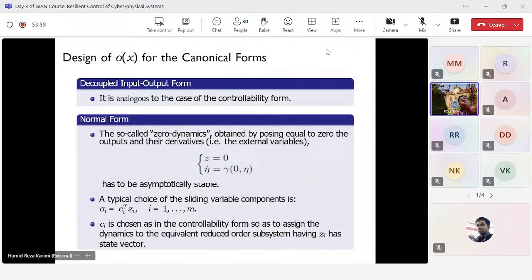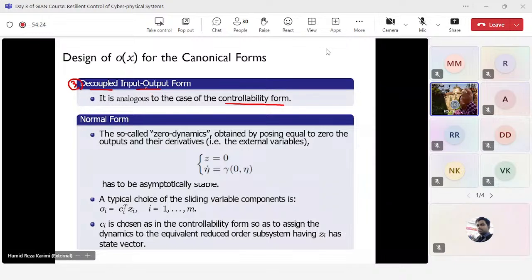Okay, so another form we also discussed in our previous lecture was the decoupled input-output form. So you remember that when we talked about the decoupled input-output form, you need to look at the relative degree of the system, and therefore it's very similar to the case of the controllability form.